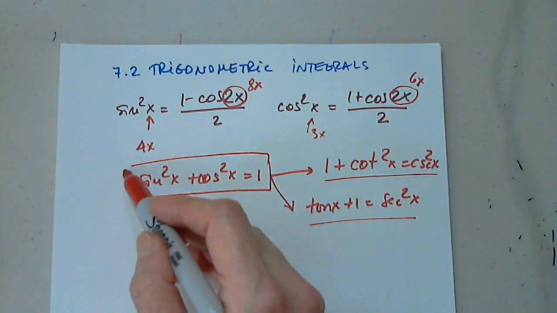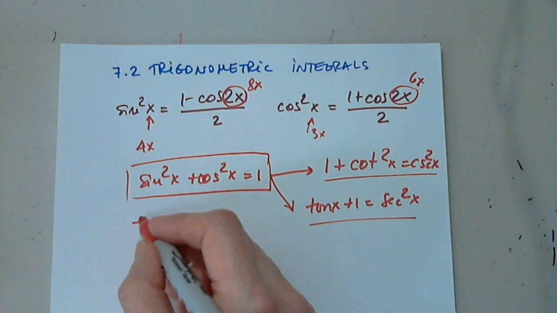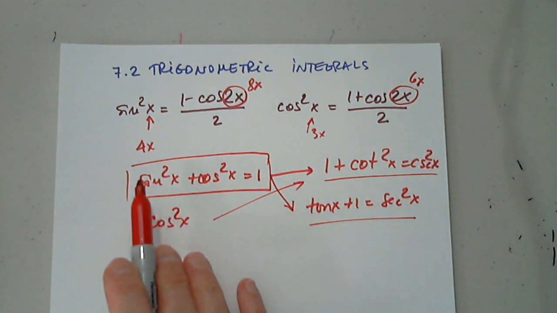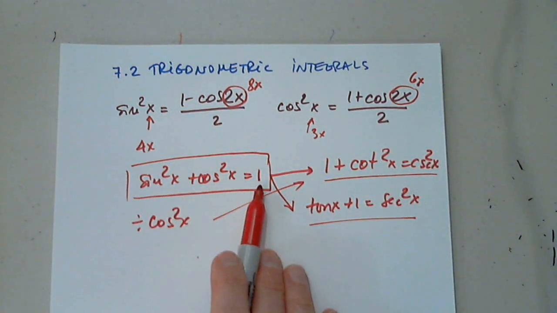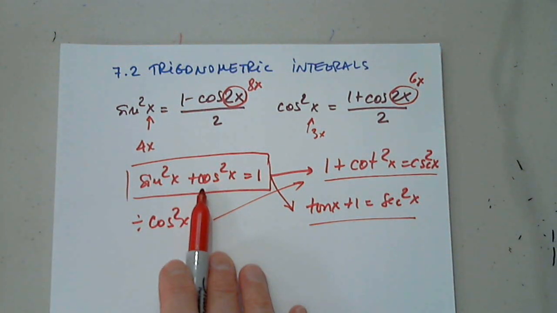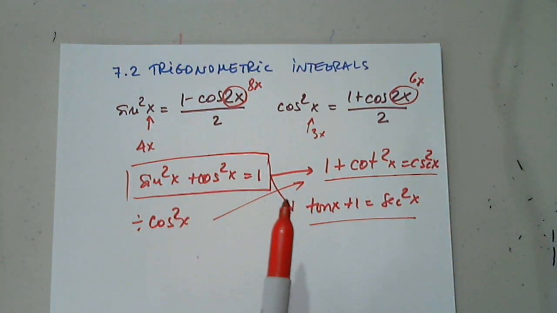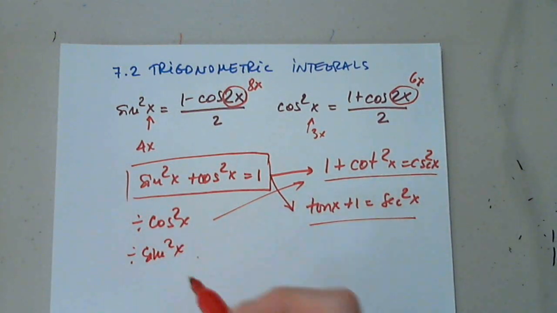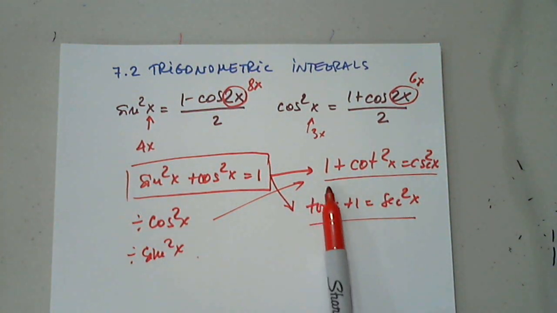Again, how did I determine the first one? I divided both sides by cosine squared x, and I got this. And then I divided the same identity, the Pythagorean identity, by sine squared x. It's the opposite, sorry.